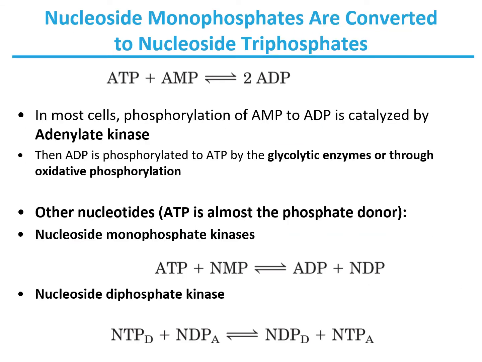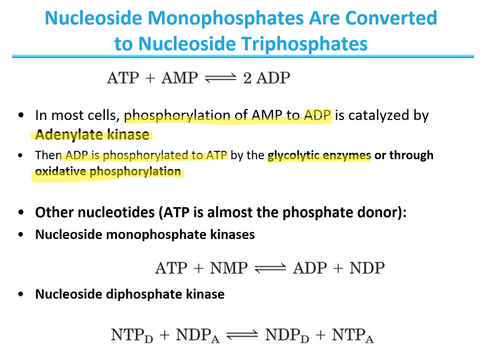So an important point to note, guys, is that the nucleoside monophosphates have to be converted into nucleoside triphosphates in order to be incorporated into the nucleic acids. So in most of the cells of the body, the phosphorylation of AMP to ADP, that is to the diphosphate form, is catalyzed by the enzyme adenylate kinase. And the ADP is phosphorylated to ATP, usually by the glycolytic enzymes or through oxidative phosphorylation.